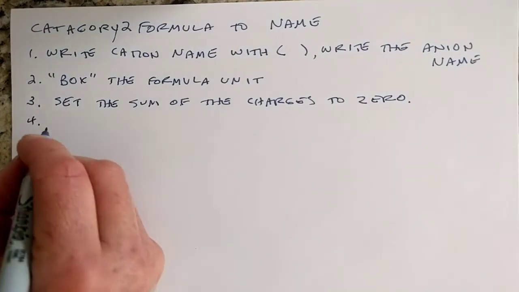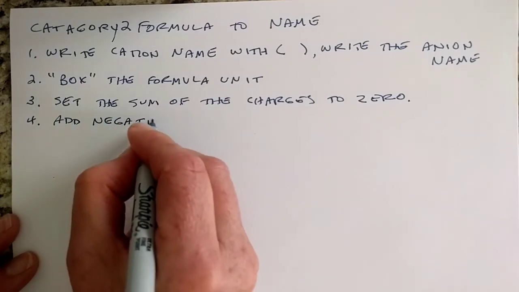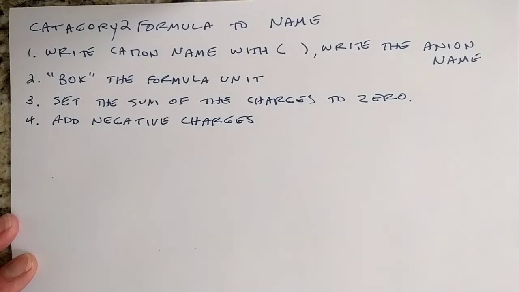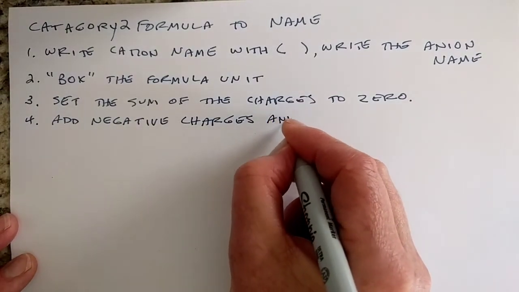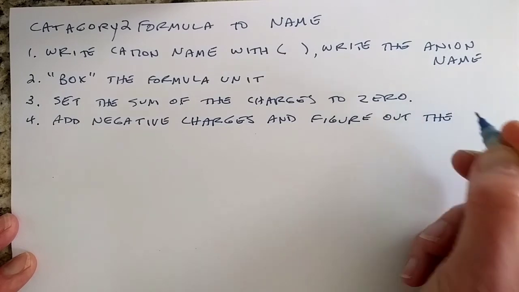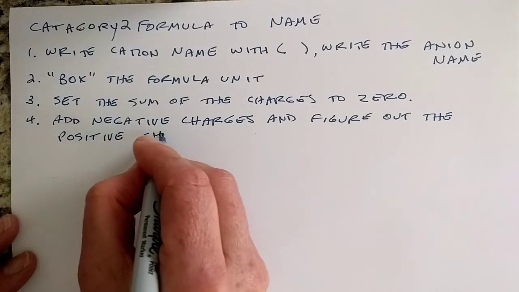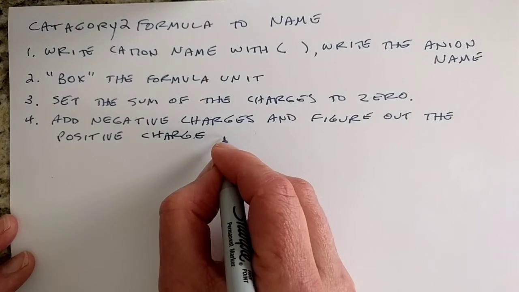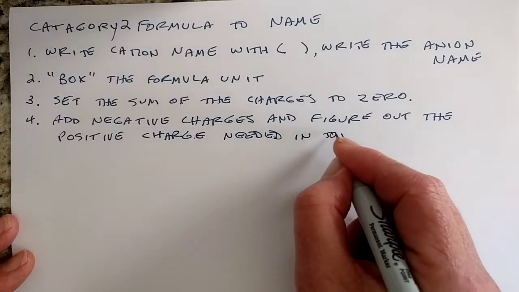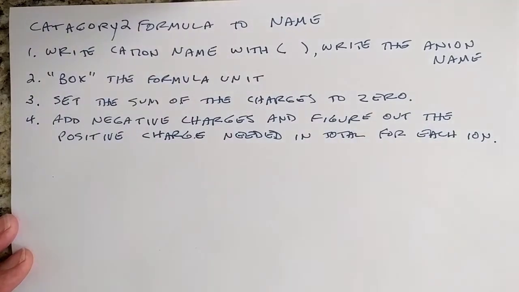Number 4, we're going to add all the negative charges, and we're going to figure out the positive charge needed in total for each ion.